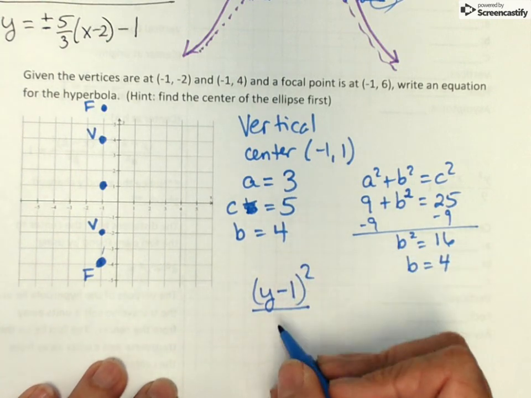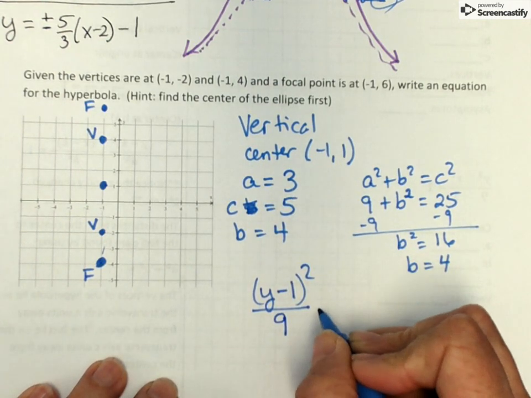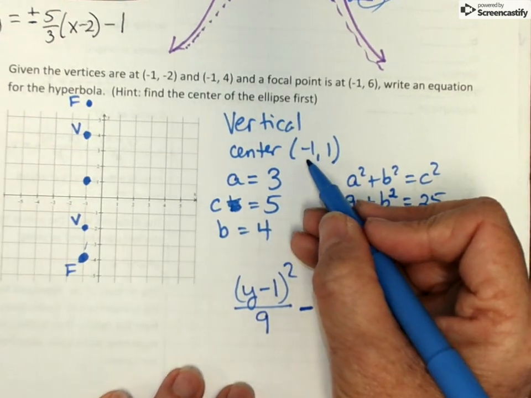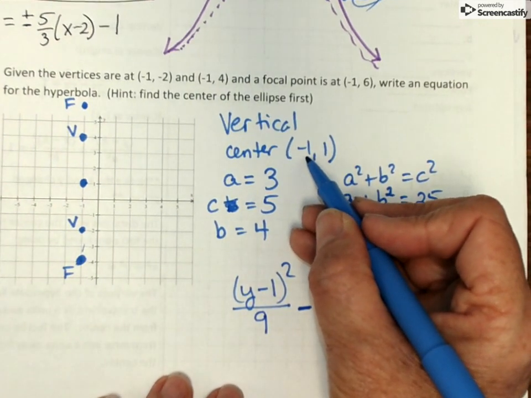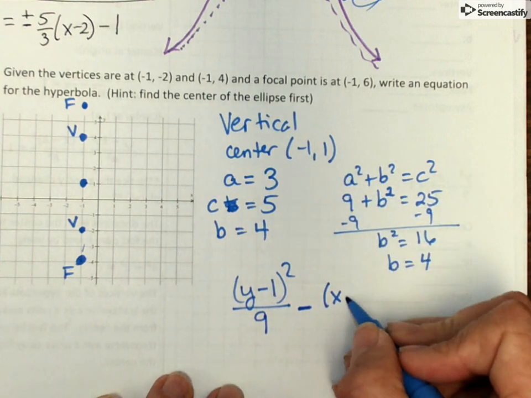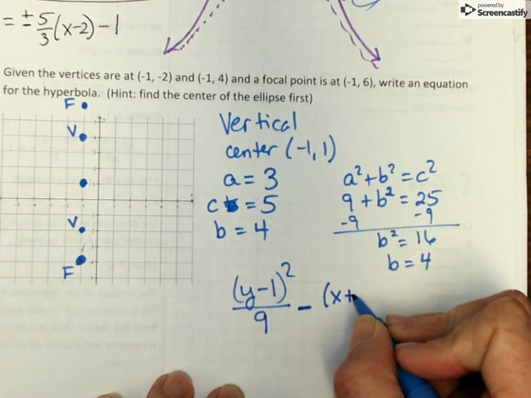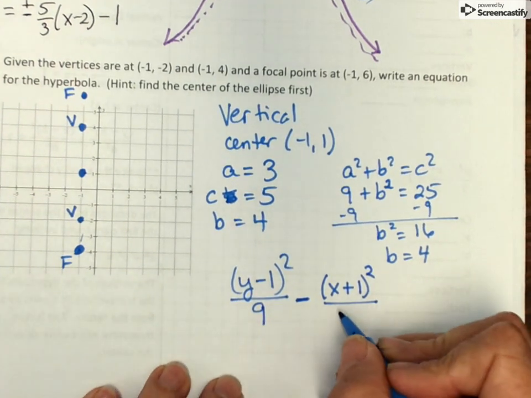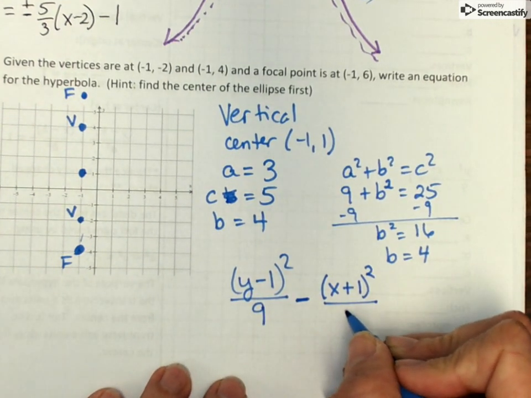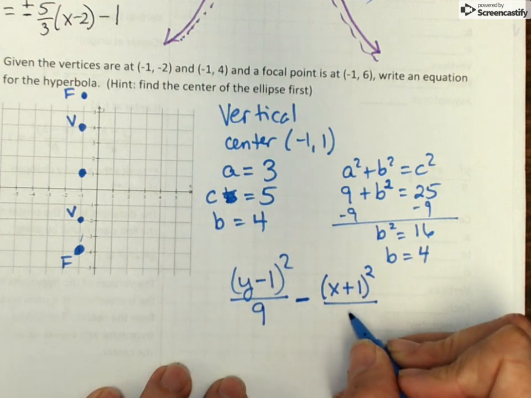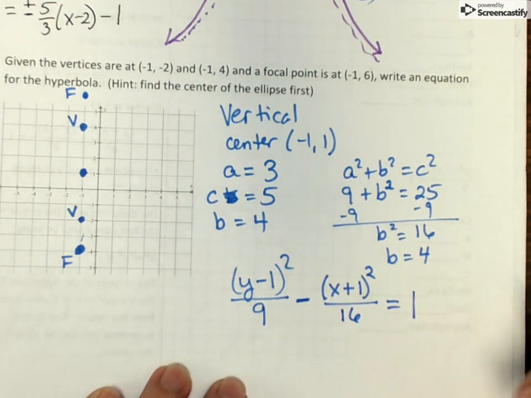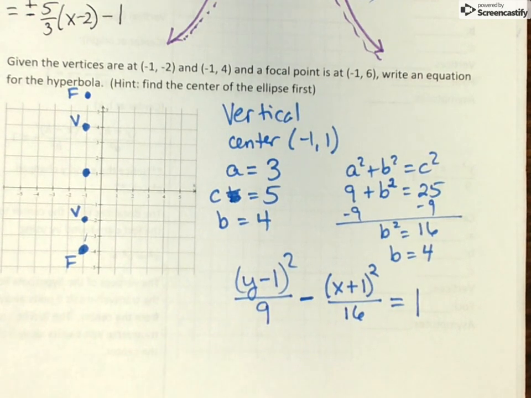Well, a is 3, so a squared is 9, minus the x value minus the x value of the center, so x minus negative 1. Minus a negative becomes a positive, so we've got x plus 1 squared divided by b squared. And b squared we said was 16, since b is 4. And the equation will equal 1.